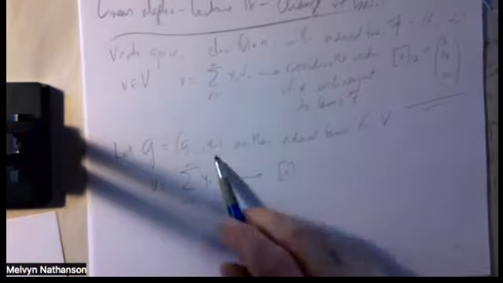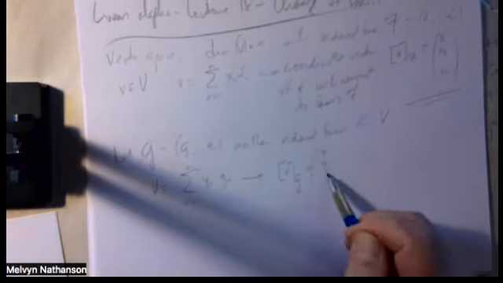And with respect to this basis, we have a coordinate vector, y1, y2 up to yn. So these are coordinate vectors for the same vector, but they're different numbers because these are the coordinates with respect to a different basis.